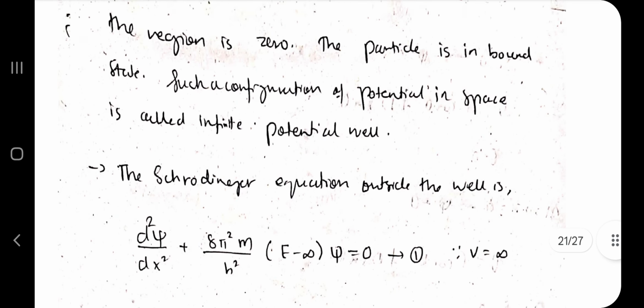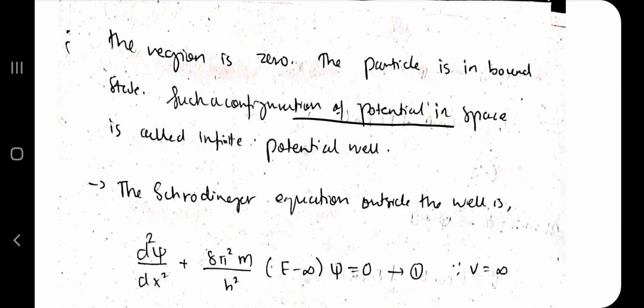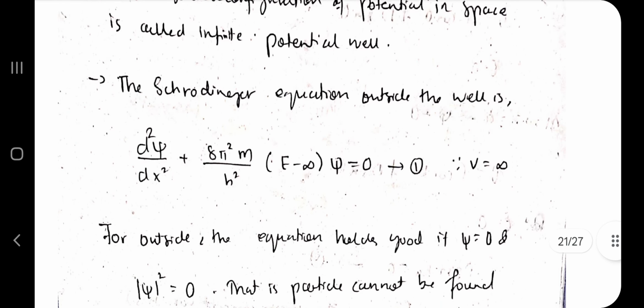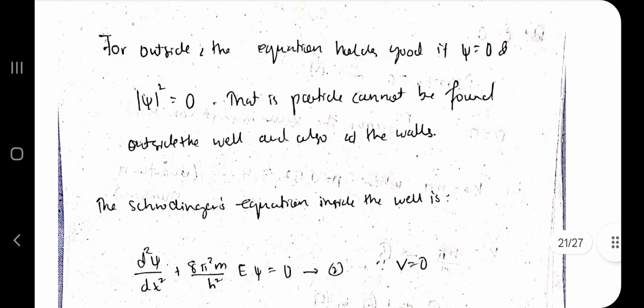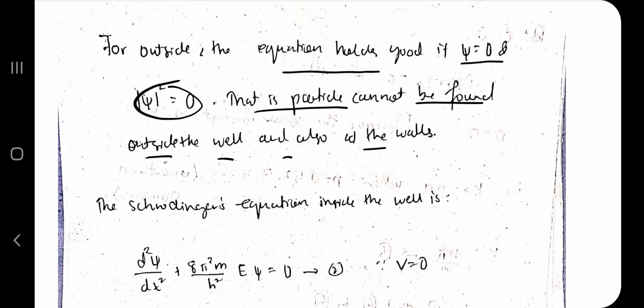Such a configuration of potential in space is called an infinite potential well. So the Schrodinger wave equation outside the well has E minus V, where V is infinite, so it is infinite here. For outside, the equation holds good only if psi is equal to 0 and psi square is equal to 0. The particle cannot be found outside the well and also at the walls.